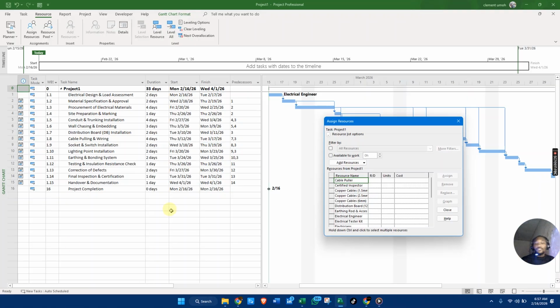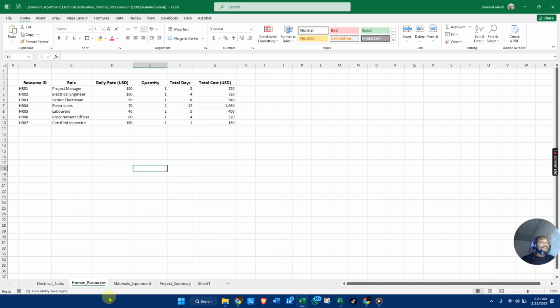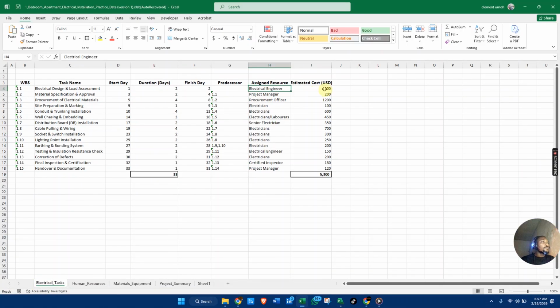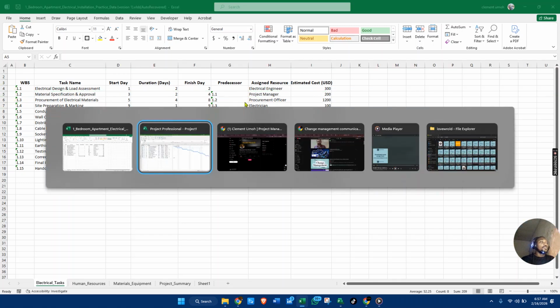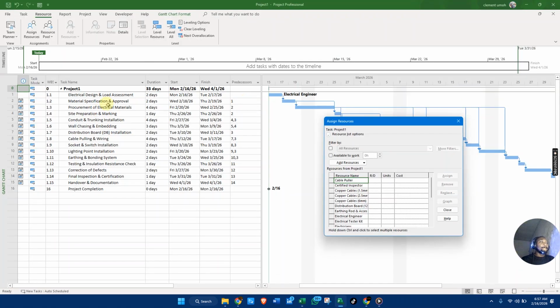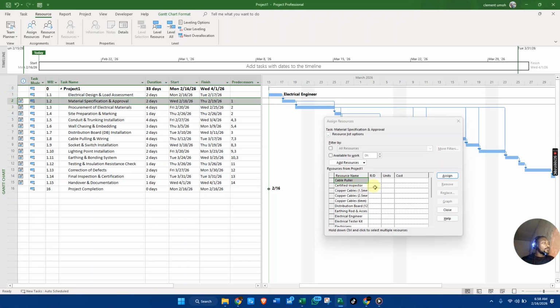All right, so let's go back to our guy. Now we're looking at our next activity, which is the material specifications and approval, the project manager's work. So we'll come here, click on this guy, then go to our dialog box over here.